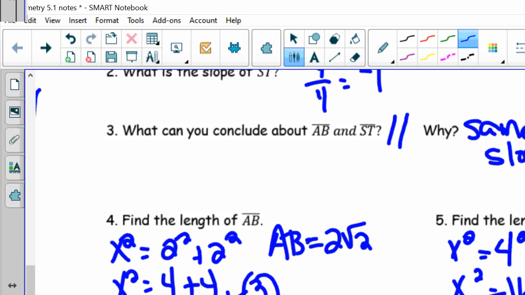So x squared is equal to 32. The square root of both sides. Again, factor tree. So I know that 32 breaks down to 8 and 4. 8 breaks down to 4 and 2. I have a pair of 4's right there, 2 left behind. So the length of ST is 4 square roots of 2.